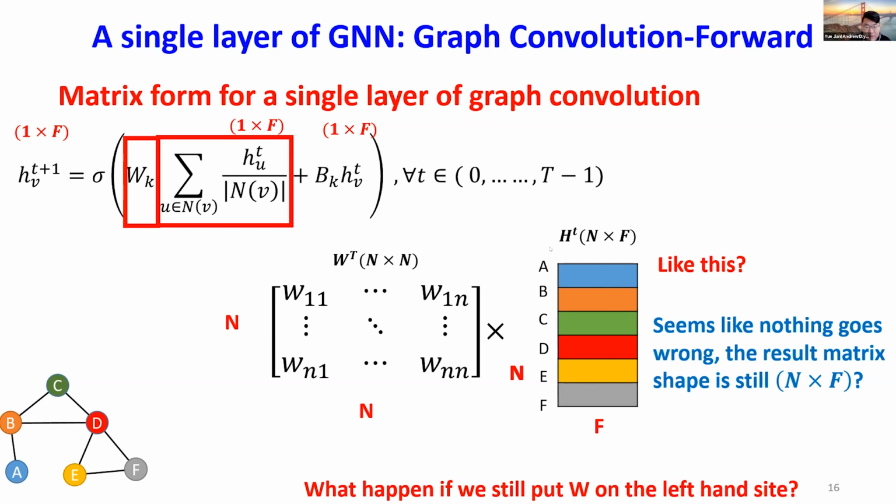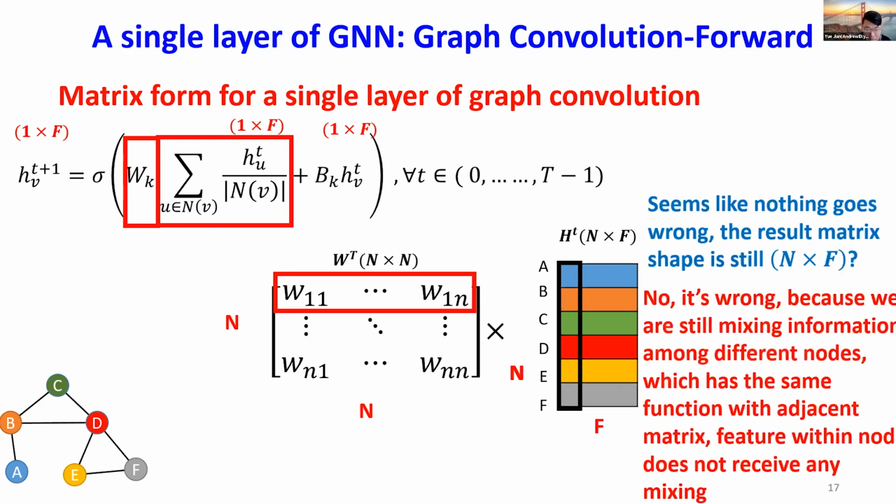But this is a wrong version of the operation to write the graph convolution layers. The reason is, if we multiply the matrix on the left-hand side, this matrix is similar to the adjacency matrix.